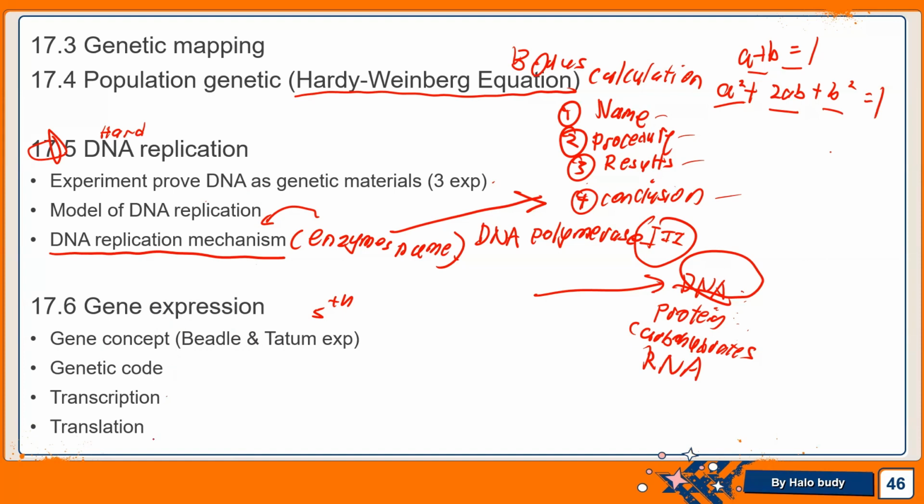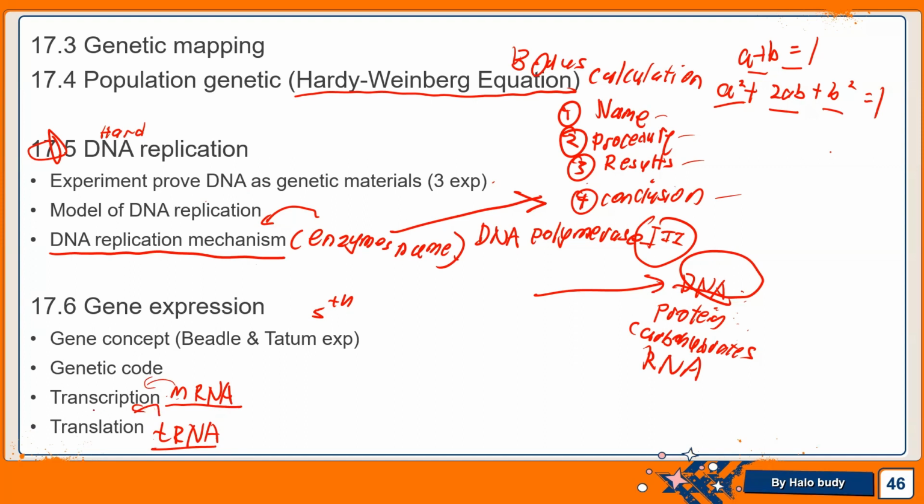Okay. Then the third and fourth ones are very important, the mechanism process: transcription and translation. If in semester 1 you learned the DNA topic, nucleic acid, RNA function, you know that mRNA plays the role in transcription, and tRNA plays the role in translation.